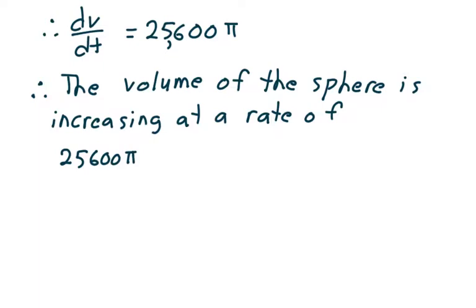Now, the units of volume are cubic millimeters. So it's going to be cubic millimeters per, the units of time is seconds. So it's cubic millimeters per second. And that right there is how you do example 1.